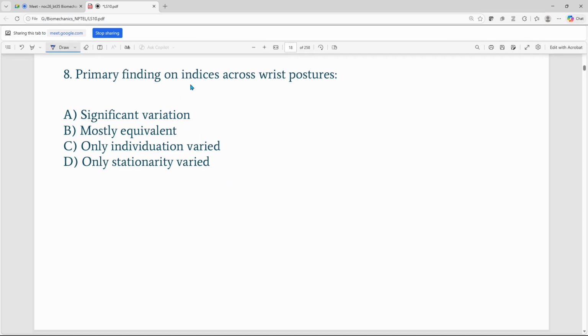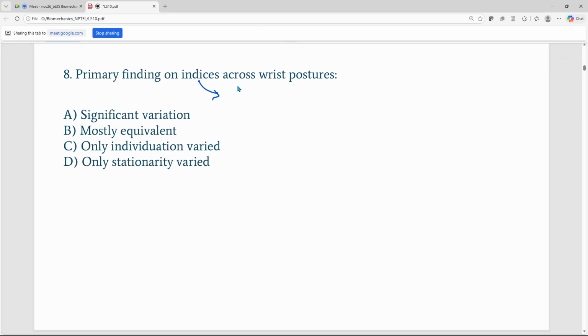So here the indices are individuation and stationarity. What was the primary finding regarding individuation and stationarity indices across wrist postures?